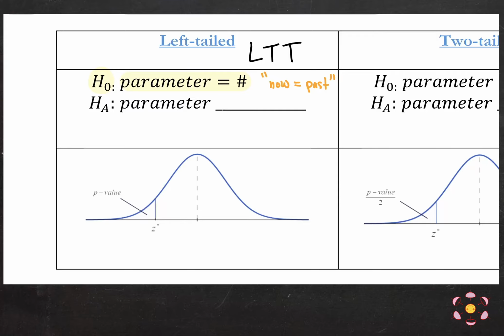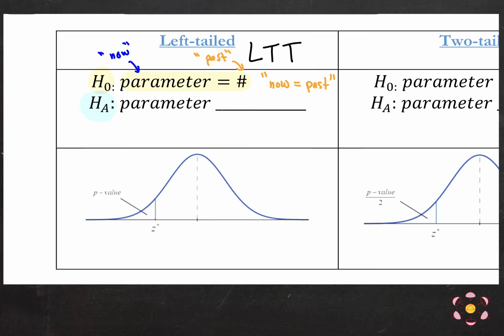And that's an assumption. That is why we call it a hypothesis. Okay, so we're going to keep this notation consistent, the now, and then when you see a number on the other side, this is the past. Okay, so that is our null hypothesis.